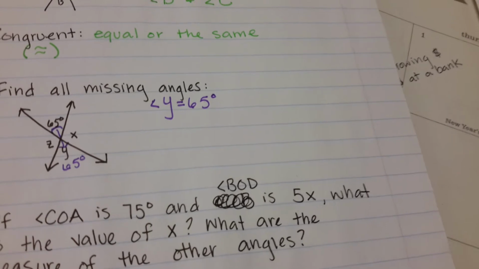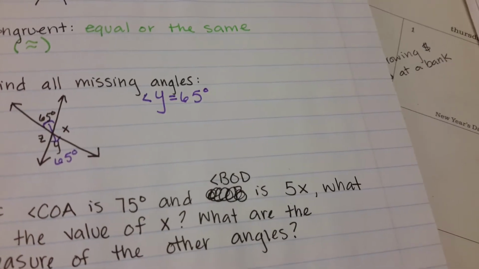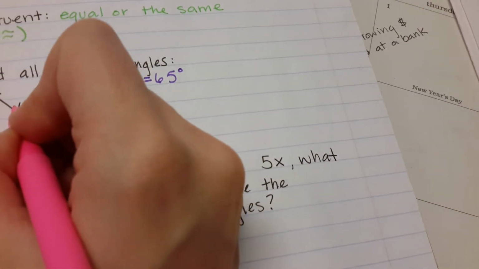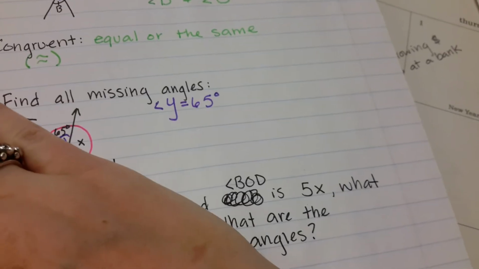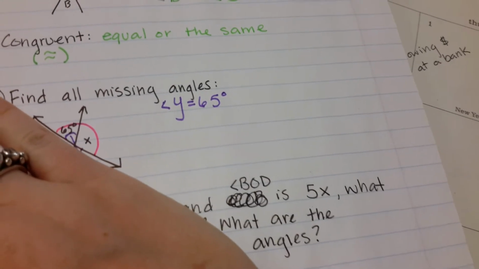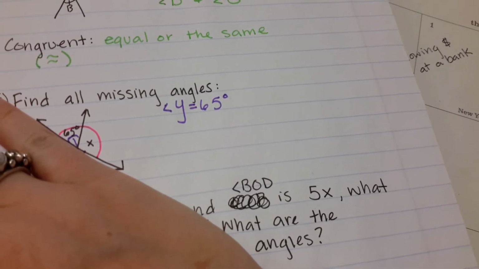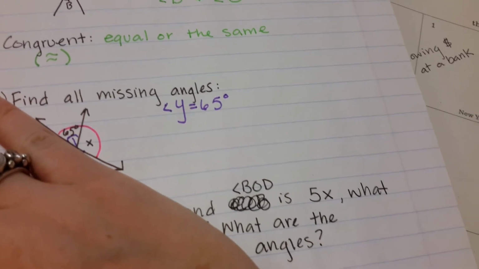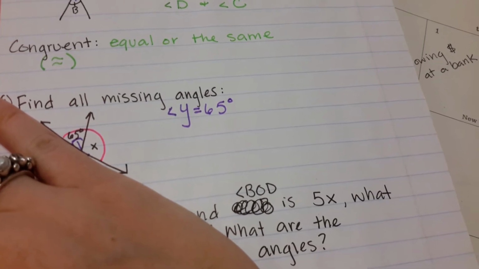Now we have to figure out angle X and Z. I want us to look at the pink angle I just drew, so ignore this bottom half. This should look like a problem that we did earlier today. These two angles, angle X and angle 65, are supplementary. And remember, supplementary means they add up to 180.